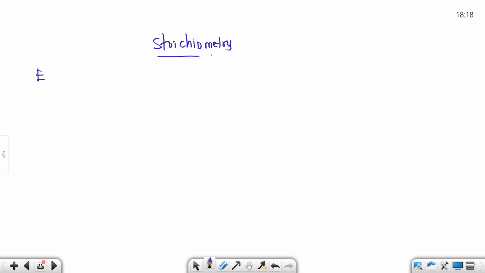Look, every variable or every quantity is linked to the number of moles. What do I mean? If I want mass, number of moles is mass over molar mass. If I want concentration, it's number of moles over volume.